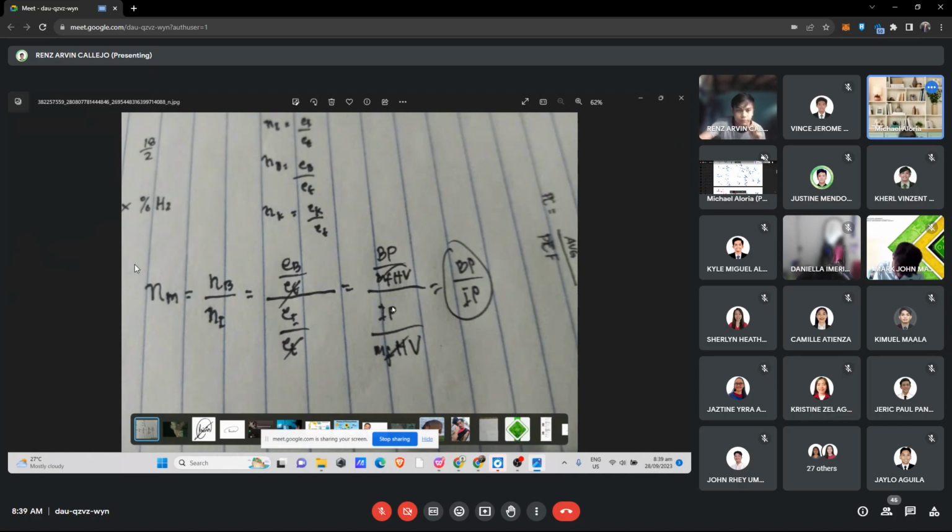Sige. Nakikita ko na. From our mechanical efficiency po, we have our formula, yung brake engine efficiency over indicated engine efficiency.